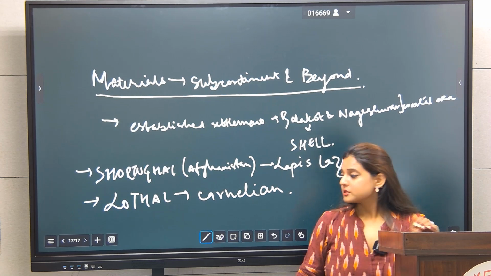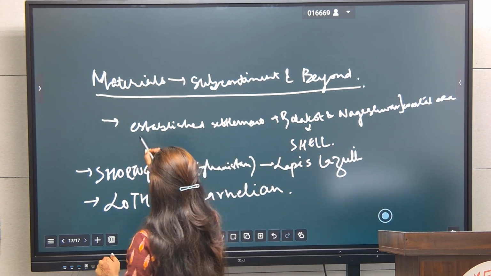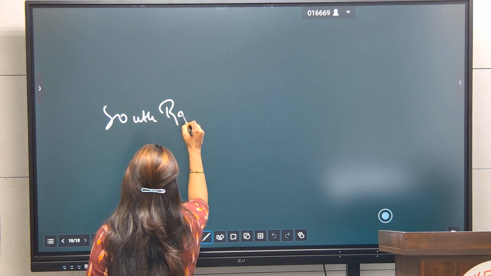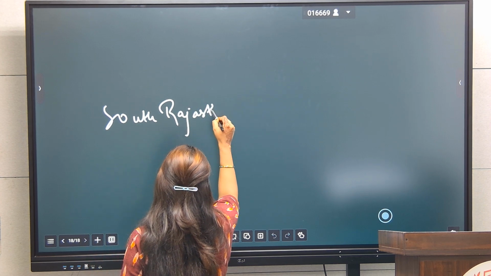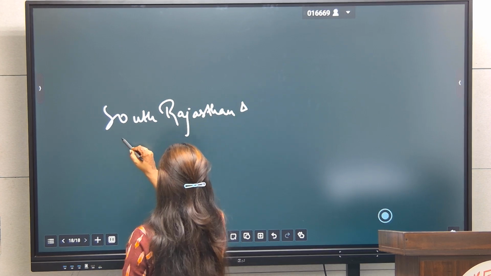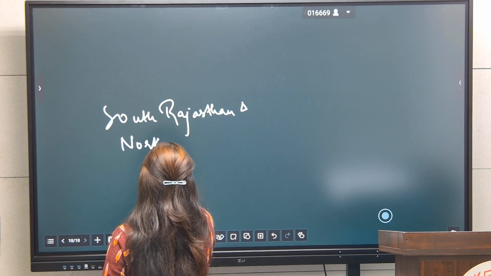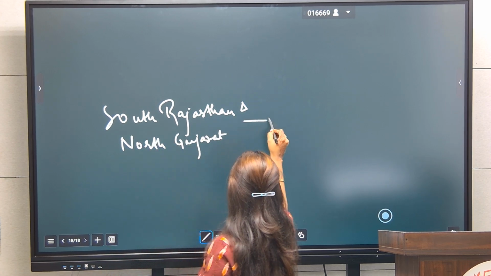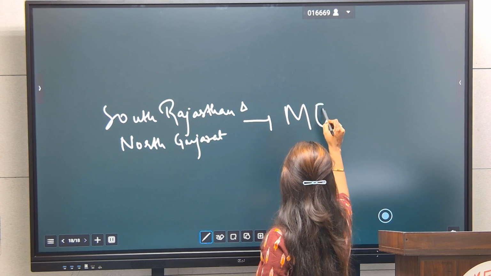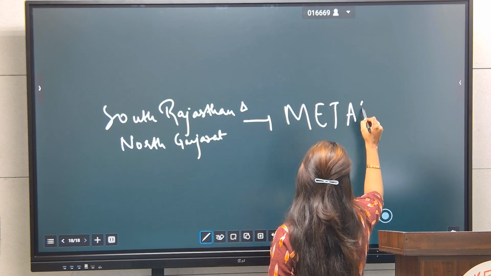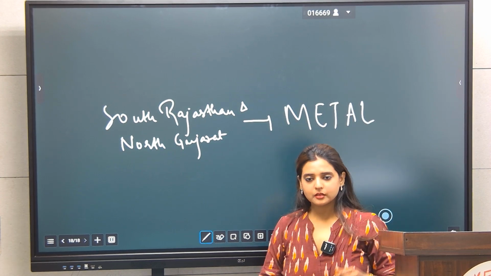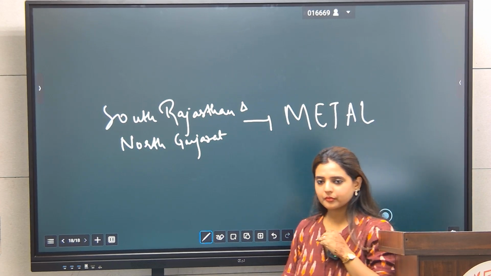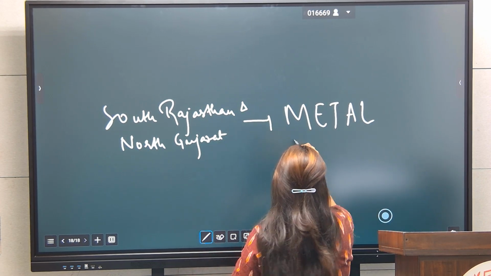and South Rajasthan and North Gujarat, metal was bought from these places, mainly copper.